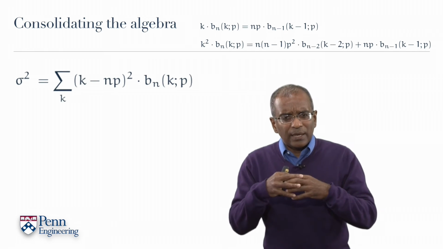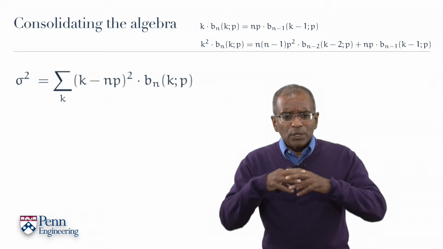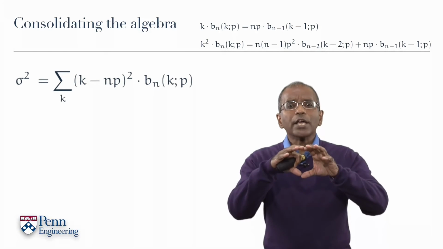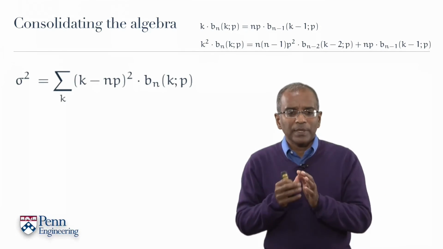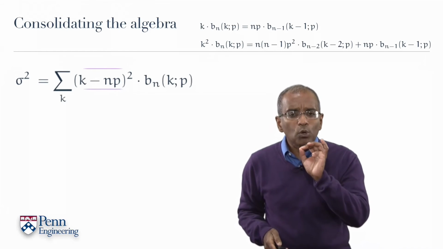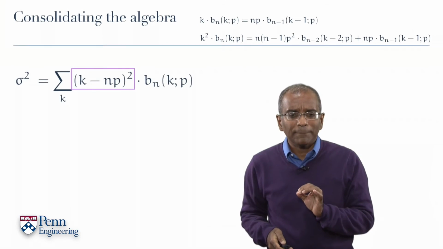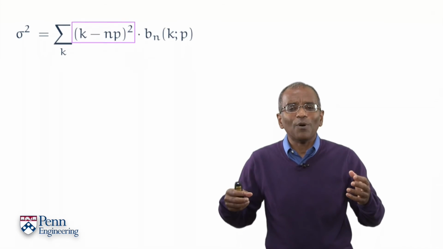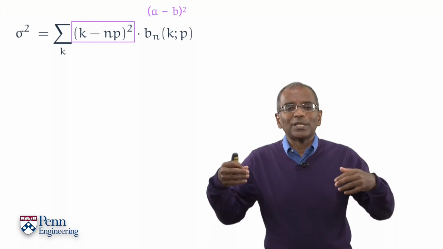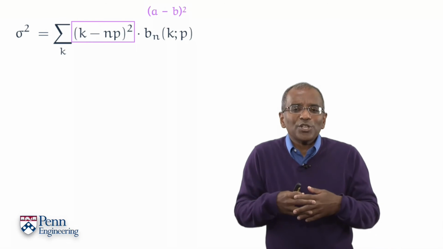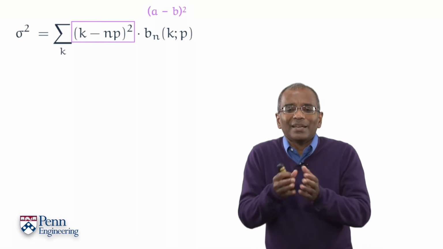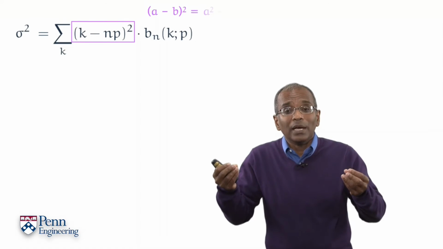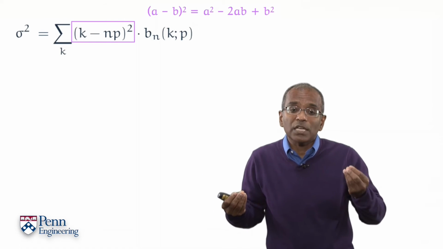It looks messy, it looks ugly, but to begin with, let's isolate the role of k. Take a look at the whole squared inside the sum. Well, that looks familiar. That is of the form of a minus b the whole squared, which at very early middle school class has taught us is given by the beautiful formula a squared minus 2ab plus b squared.